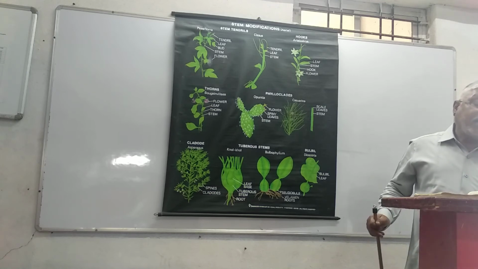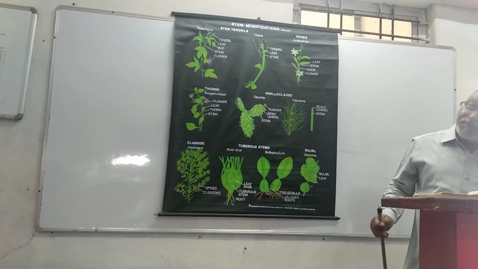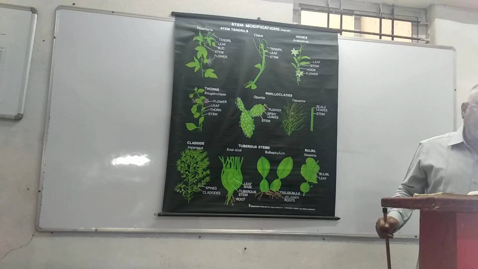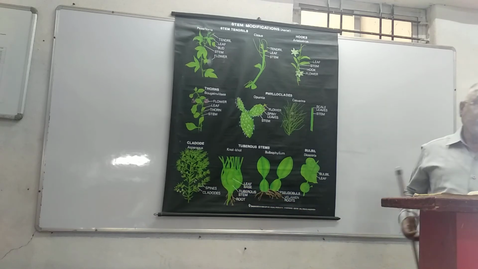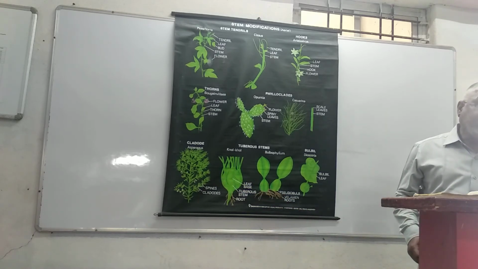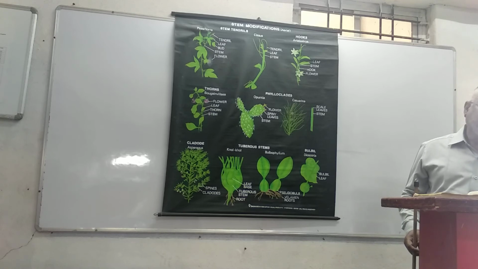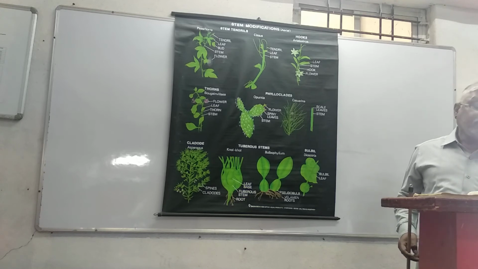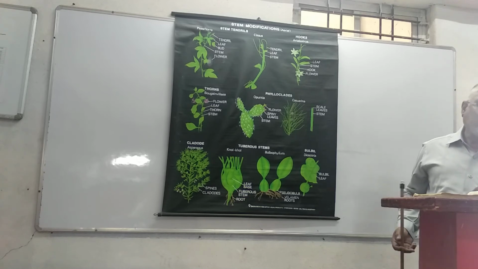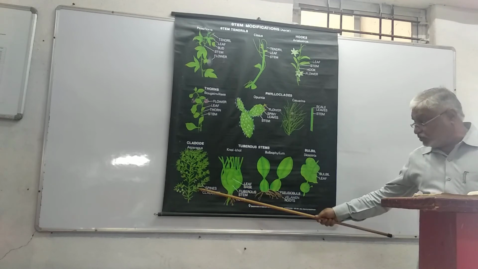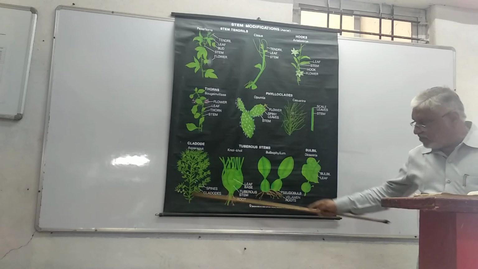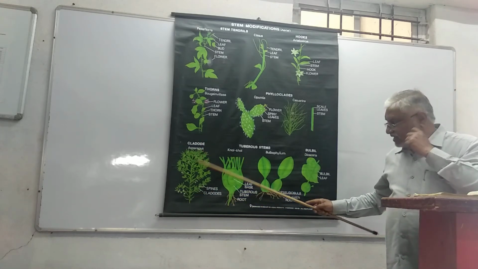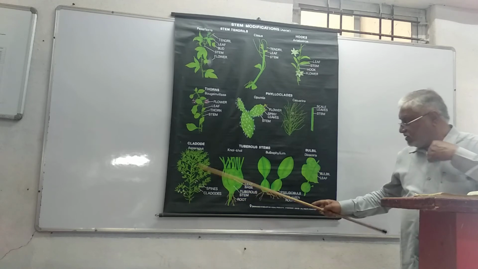In asparagus, each cladode consists of a single internode, and in Ruscus, it is made up of two internodes. Cladodes are flat, leaf-like and perform the function of foliage leaves. So these are not the foliage leaves; they perform photosynthesis like a foliage leaf.